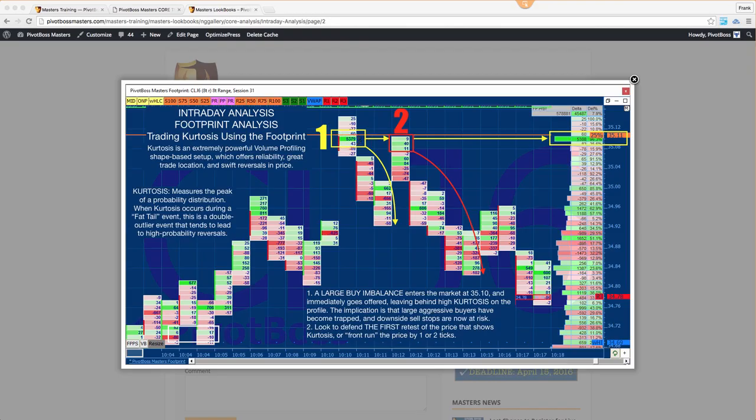But for me, all intents and purposes, it highlights an area that's extremely important. So for the most part, kurtosis is an extremely powerful volume profiling, shape-based setup which, as you know, offers reliability, great trade location, and swift reversals. This trade, when retested, basically gets a huge reaction in the opposite direction because of what's happening here on the profile.